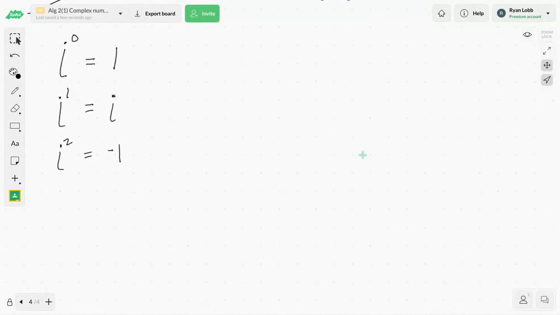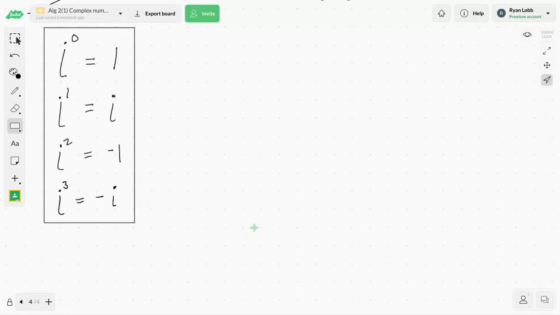And then lastly, i cubed is going to be equal to -i. Okay, so this is kind of what we have to keep in our head. We've got to keep in our minds that that's a little reference there. That i to the 0 is equal to 1, i to the first is equal to i, i squared is equal to -1, and i cubed is equal to -i.